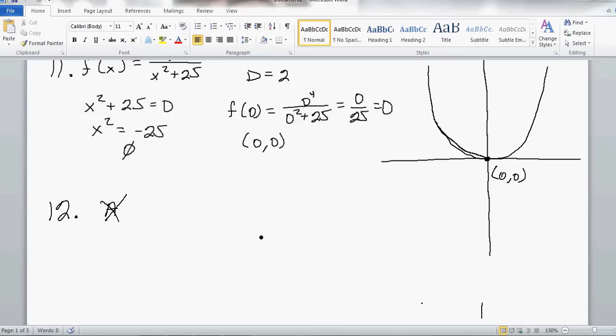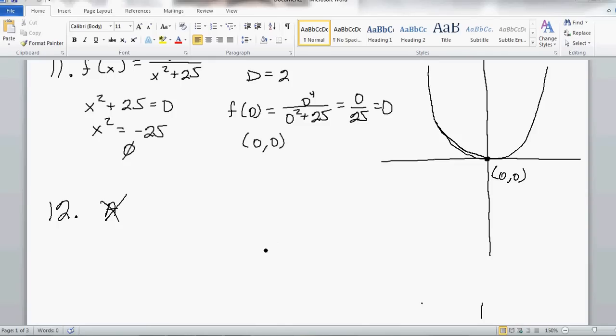B and C are very similar. x and 2x, all that's going to do is compress a little bit. But remember what 1 over x looks like. It looks like it's in the first quadrant and the third quadrant.